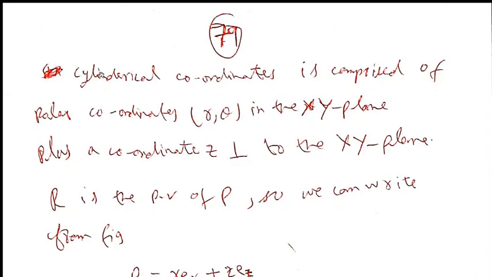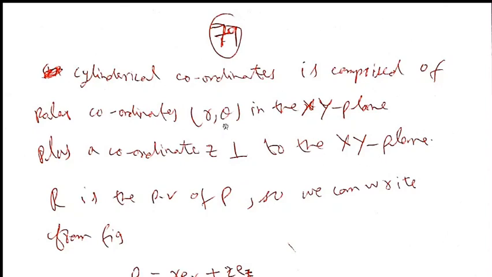So what we can say is that the cylindrical coordinates are comprised of the polar coordinates r, theta in the xy plane plus a coordinate z perpendicular to the xy plane.